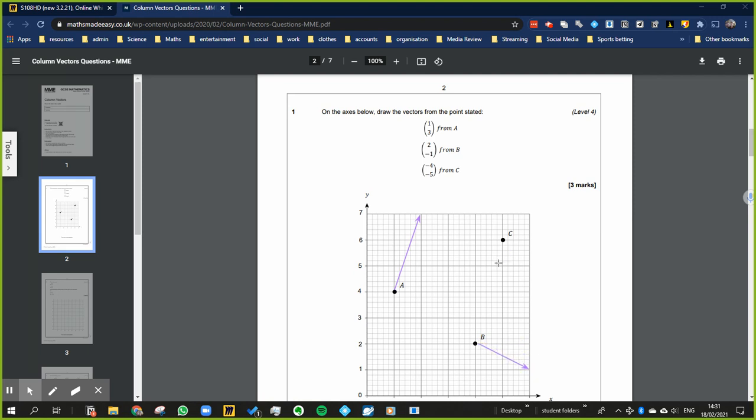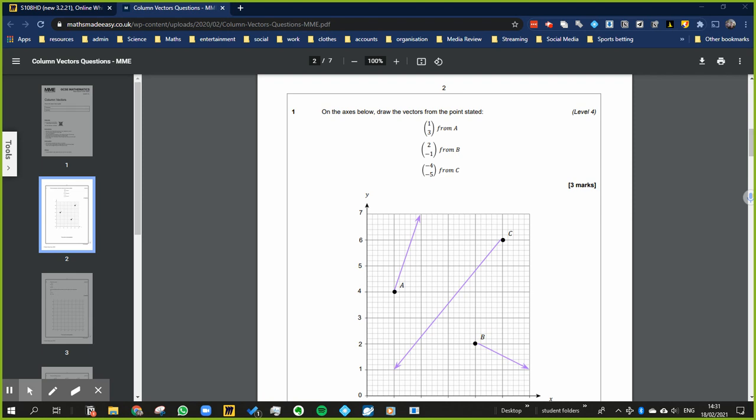Then we've got -4, so it's actually going to go left by 4. But then it's also going to go down by 5. That's 1, 2, 3, 4. So -4, it's gone across by 4. It's gone down by 5. So those are my 3 vectors for that one.